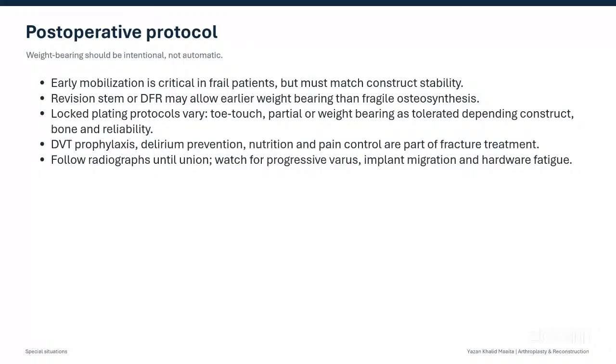Locking plate protocols vary: toe touch, partial or weight bearing as tolerated, depending on the construct, the bone and reliability. DVT prophylaxis, delirium prevention, nutrition, and pain control are part of the fracture treatment. Follow up with radiographs until union, and watch out for progressive varus, implant migration, and hardware fatigue.